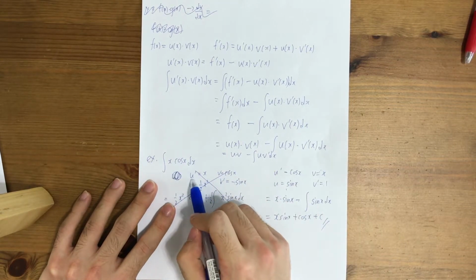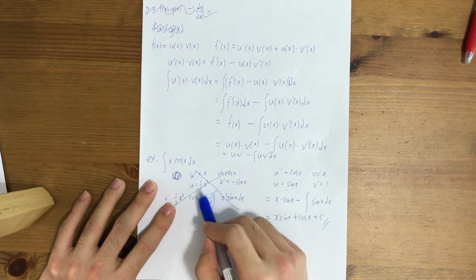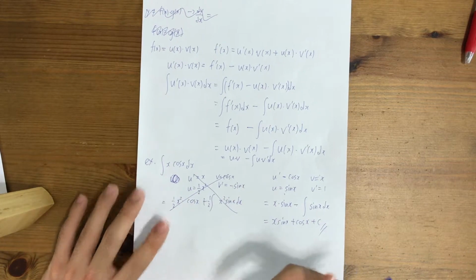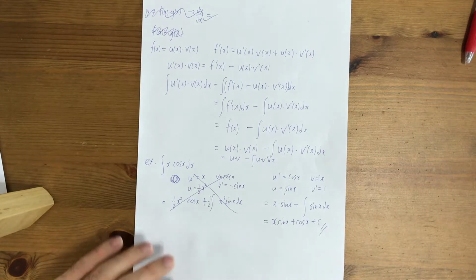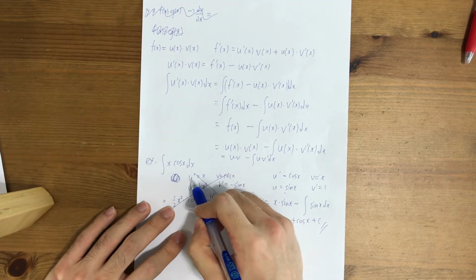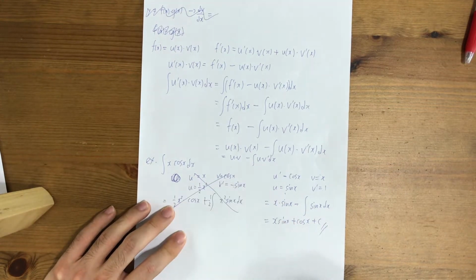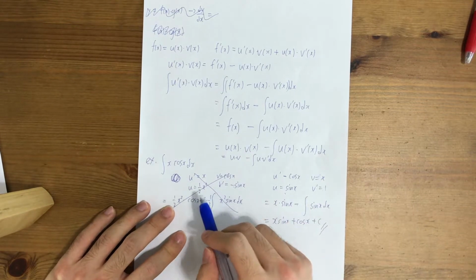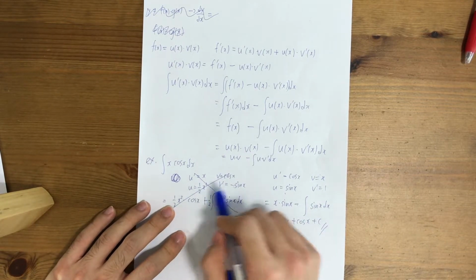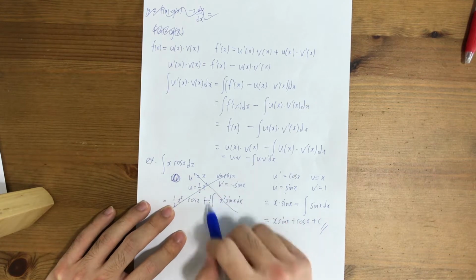And if we let u prime be x, then you will have a higher power, and you will have to find the integral of these two products, and certainly this is not desirable.